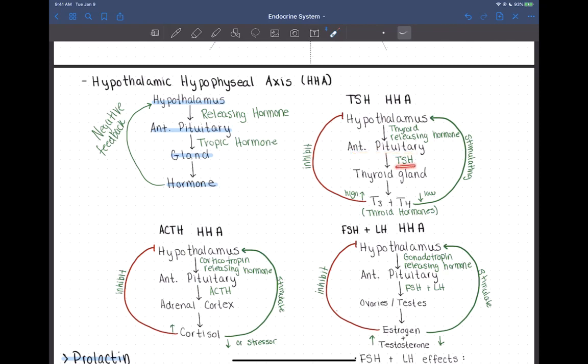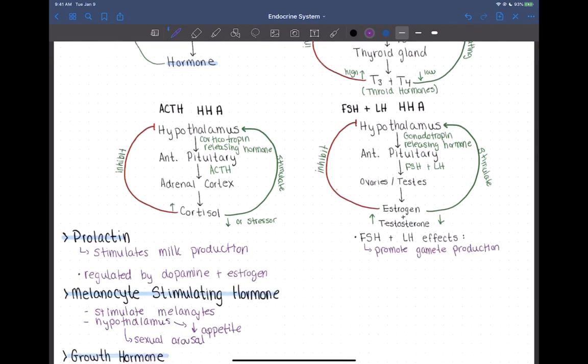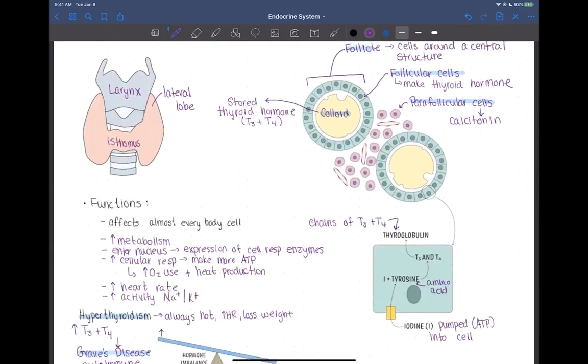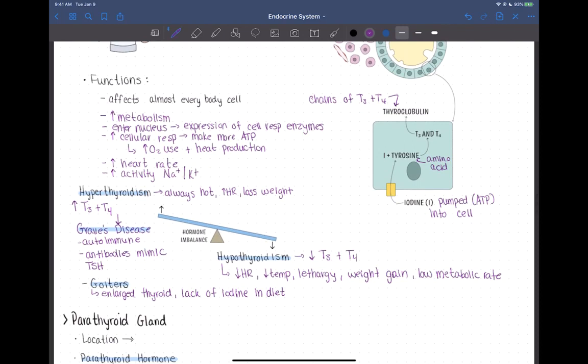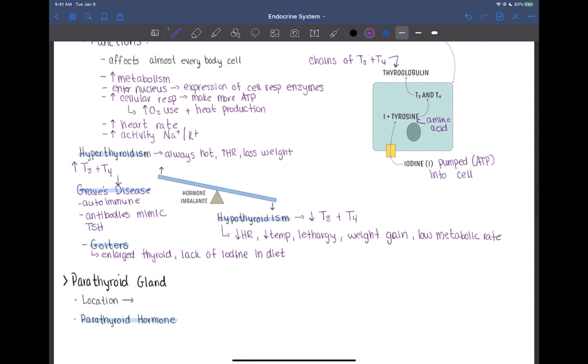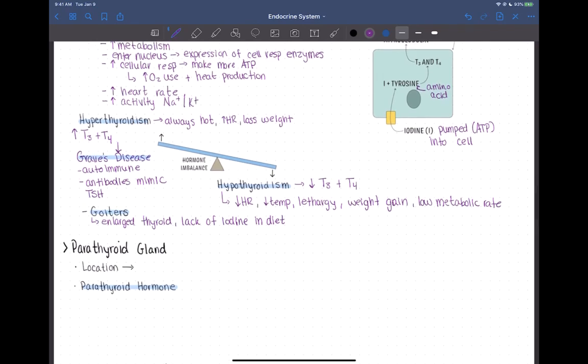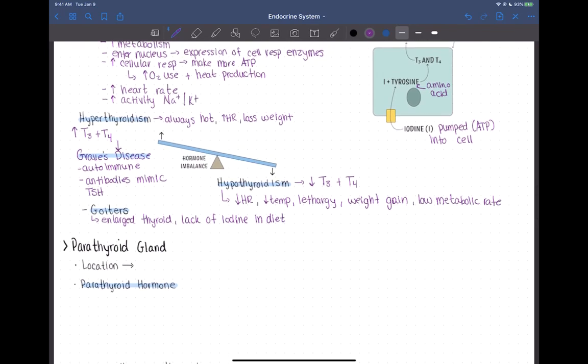It's going to release thyroid stimulating hormone that will tell the thyroid gland, hey, bump up the production of thyroid hormone. But the thyroid gland will try, but it's not able to, because it doesn't have iodine. And so what happens is the thyroid gland just ends up getting bigger and bigger and bigger because it keeps being signaled by thyroid stimulating hormone to make more T3 and T4, but it can't. It actually physically can't because it doesn't have enough iodine.